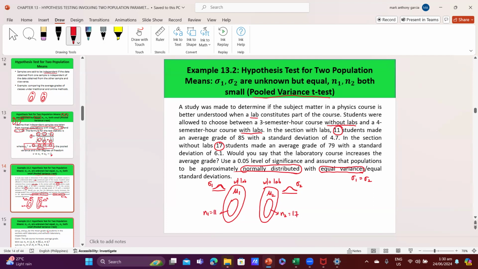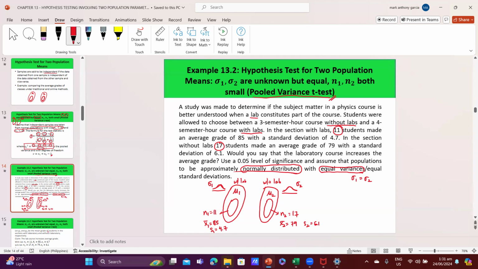So since all the requirements for case 2 are satisfied, this example falls under the pooled variance t-test. Now, according to the given information, the average grade of the 11 students is 85, while their standard deviation is 4.7, while the average grade of the 17 students without lab is 79, and the standard deviation is 6.1.